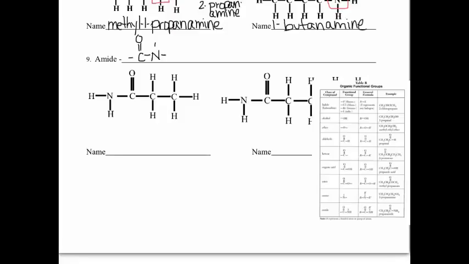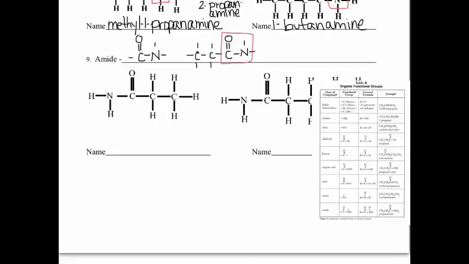Let's look at the example we have in table R. We have C with 3 hydrogens attached to a C with 2 hydrogens, which is attached to a C with a double bonded oxygen, which is attached to a nitrogen with 2 hydrogens on it. So this is telling us we have an amide.